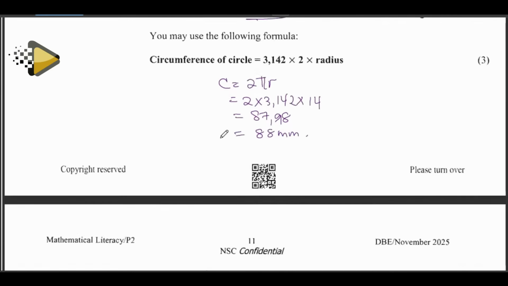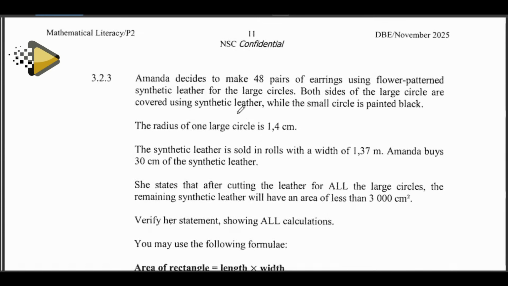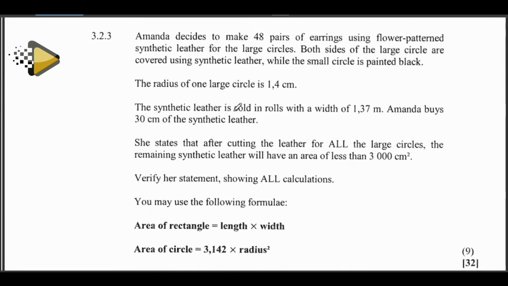Question number 3.2.3. Amanda decides to make 48 pairs of earrings, take note of that, using the flower patterned synthetic leather for the large circles. Both sides of the large circle are covered using synthetic leather, while the small circle is painted black.